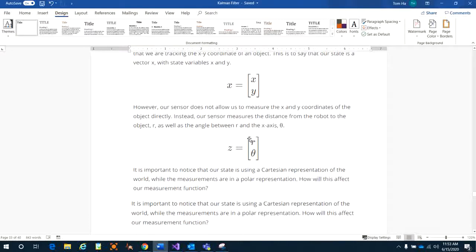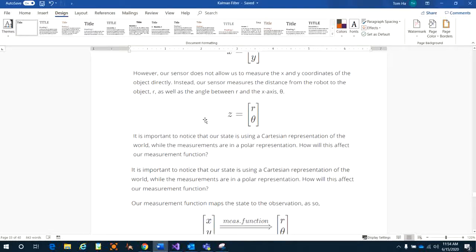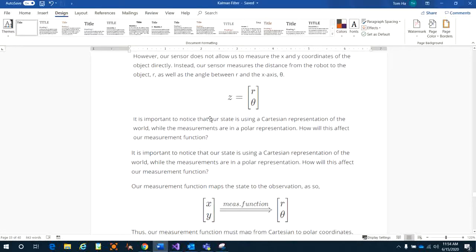we use a different sensor. We use, for example, a radar sensor for measurement, and the result doesn't show s and y, it shows z. Right here is the radius, meaning the distance from the robot to the object, okay, and the angle between r and the s axis, right? And they show the result here, how to map from z to s and y. So it's important to know that we use the Cartesian representation of the world, and the measurement is in the polar representation.